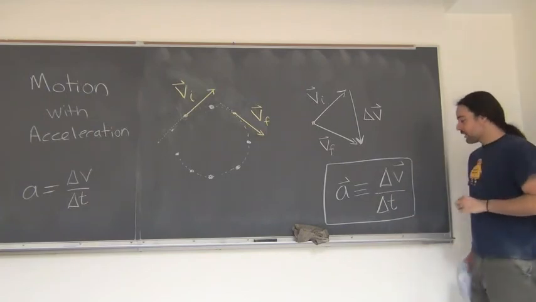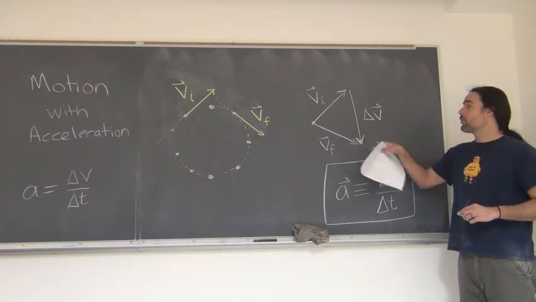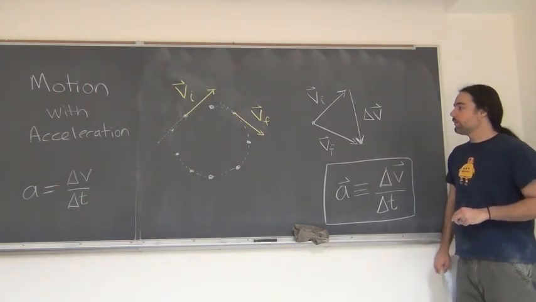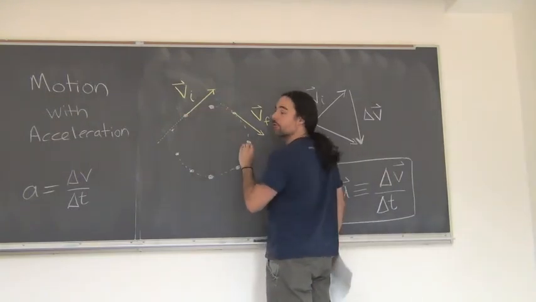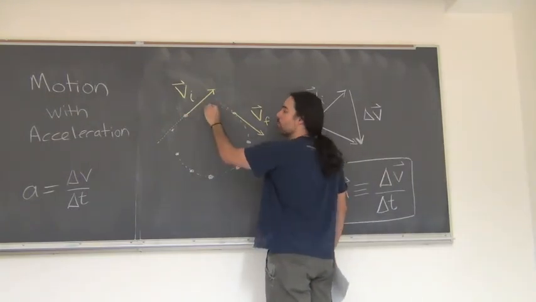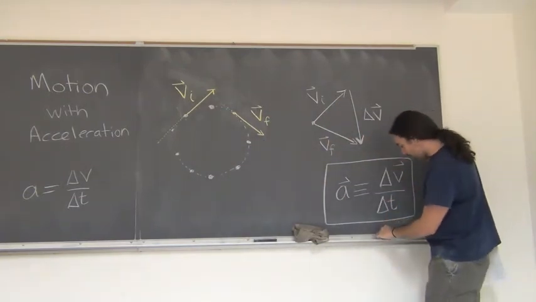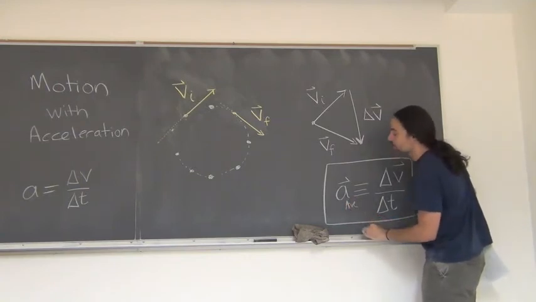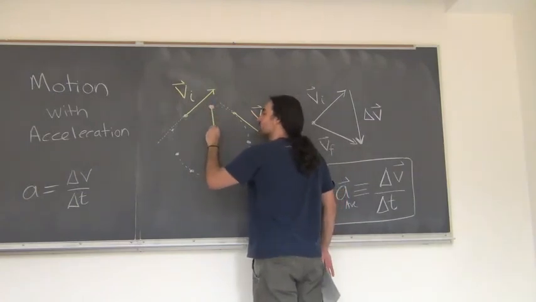The direction of my acceleration has to be pointing down based on the change in the velocity. If I look between these two points, the top of this circle is right between them. This is going to give me my average acceleration between these two points, which means my acceleration is going to be pointing down.